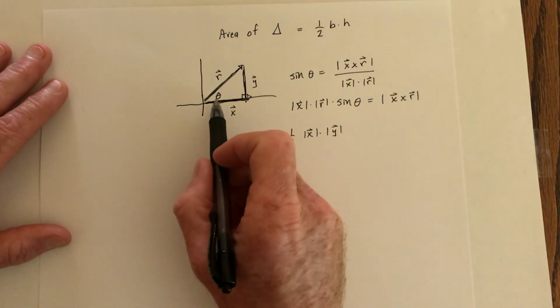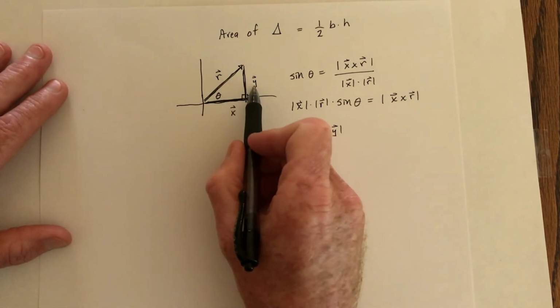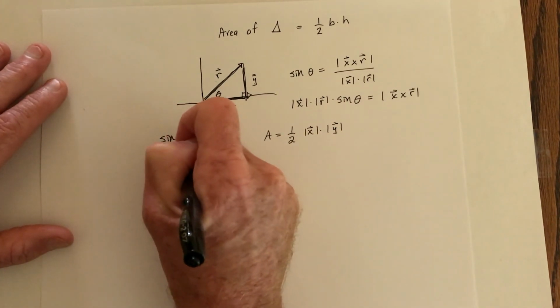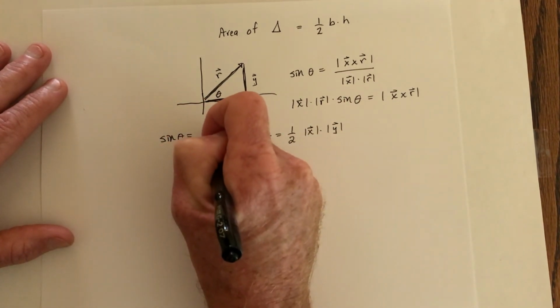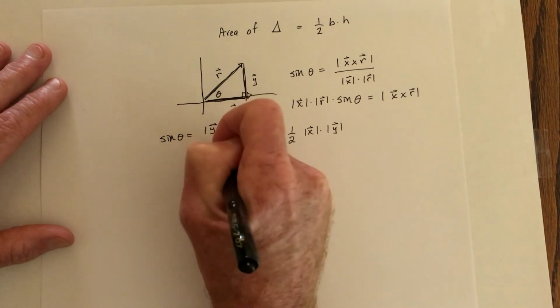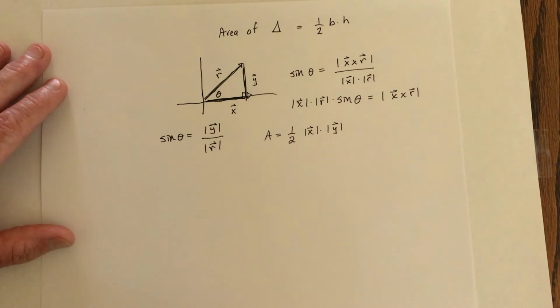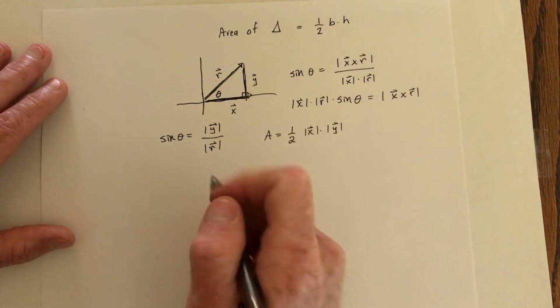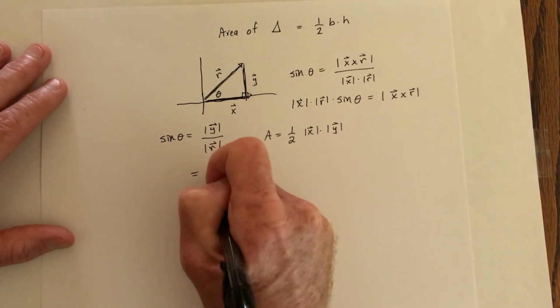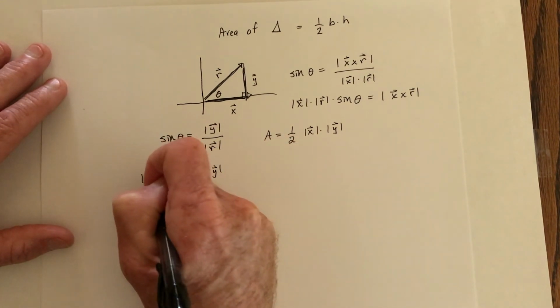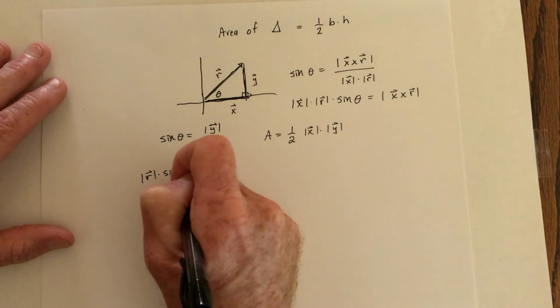What does sine equal? So sine is opposite over hypotenuse. So over here I've got sine of theta is equal to opposite, which would be the length of y, divided by the length of r. Or right here, I could solve for the length of y, and it's going to be the length of r multiplied with sine of theta.